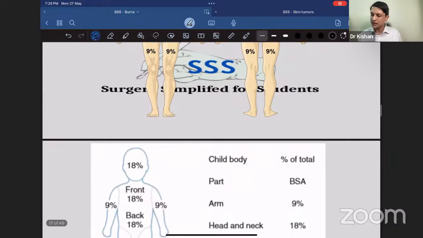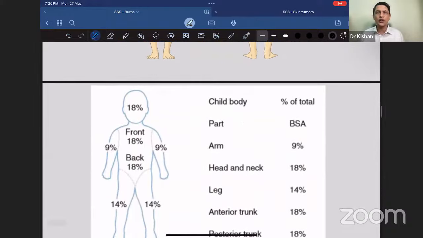It's slightly different in children, usually not asked, but you better know it. In children, the head and neck is bigger. The head is bigger than the body and the limbs are comparatively smaller. So head and neck is given double the proportion, that is 18%. The rest remains the same, whereas the lower limb is slightly lesser.